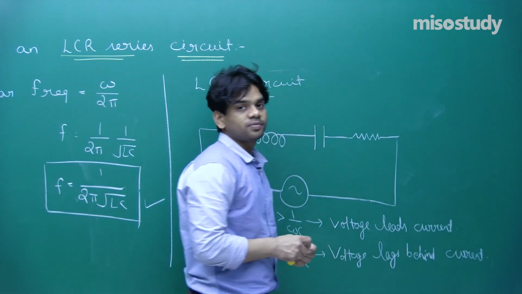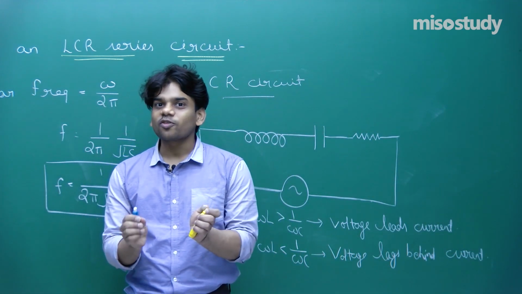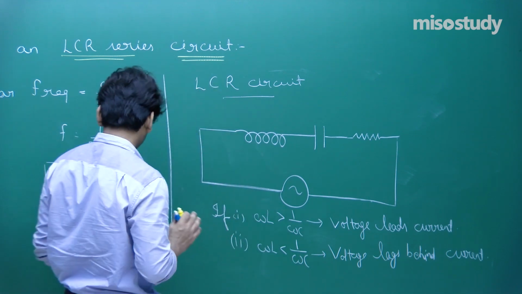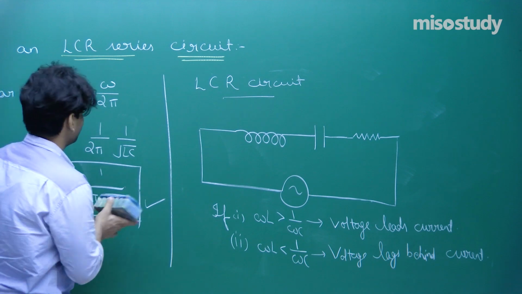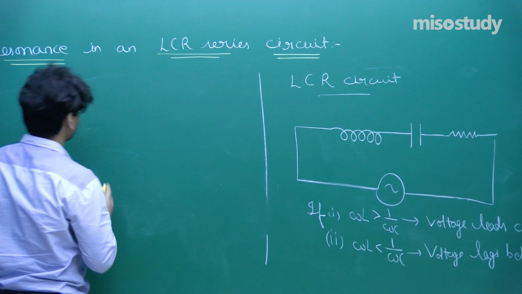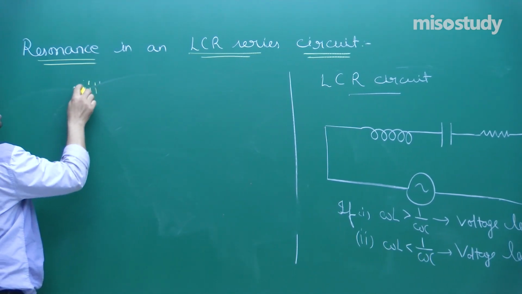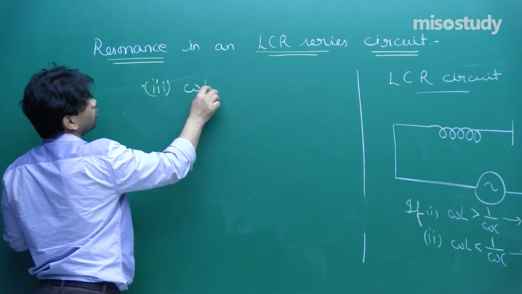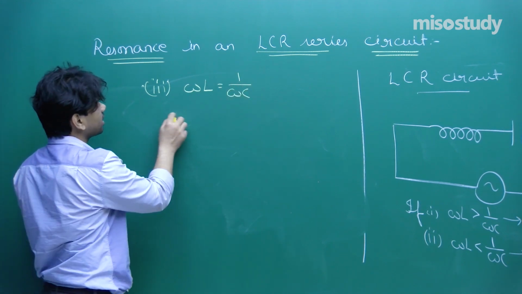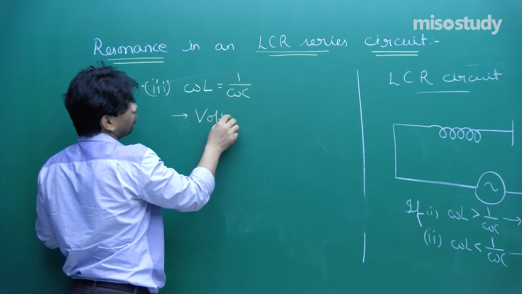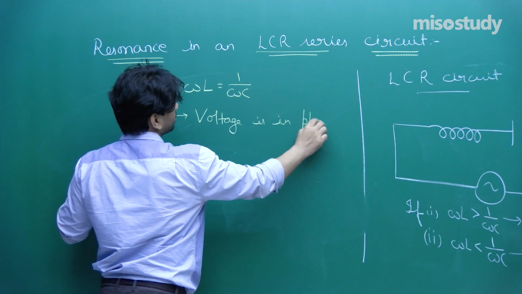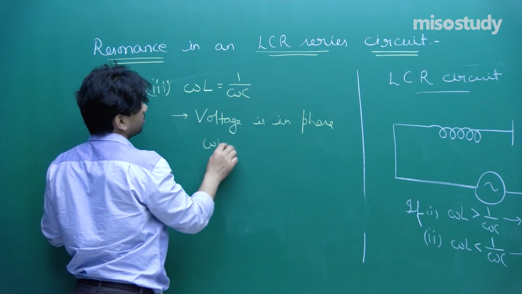Third is the case of resonance, that comes when omega L equals 1 upon omega C. In that, voltage is in phase with the current, and already we have discussed that. A third point from the already learned LCR combination, when omega L equals 1 upon omega C, that is X_L equals X_C, we can comment that voltage is in phase with current.